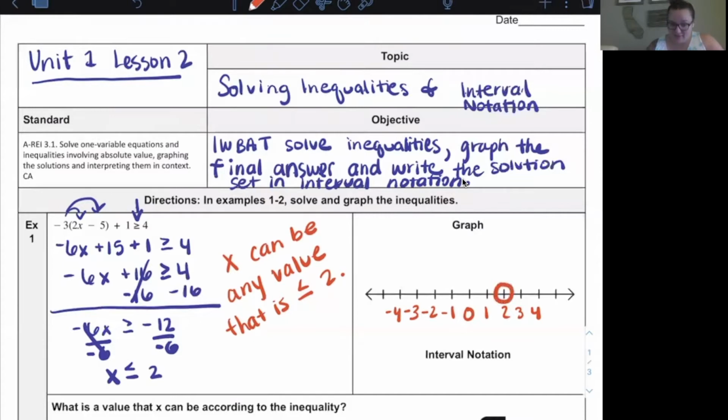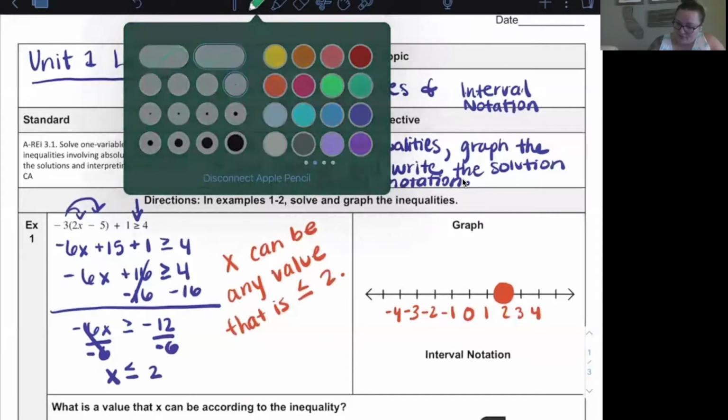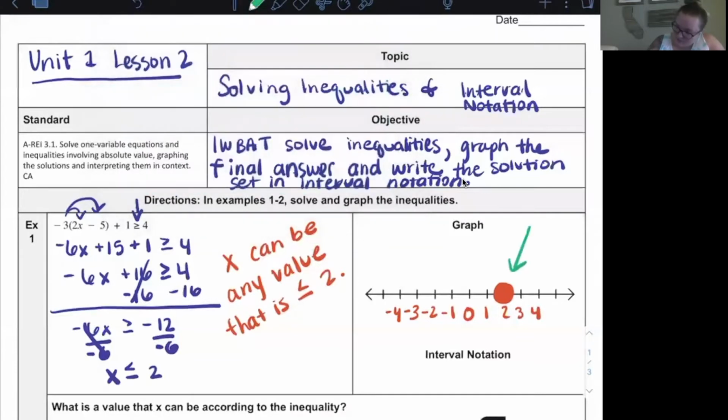Now, because x can be less than or equal to 2, that means 2 is included in the solution set. So I want to fill that circle in. I want a closed circle. And that closed circle means that 2 is included. I'm just going to make a note of that for myself so I don't forget. The closed circle means 2 is included.